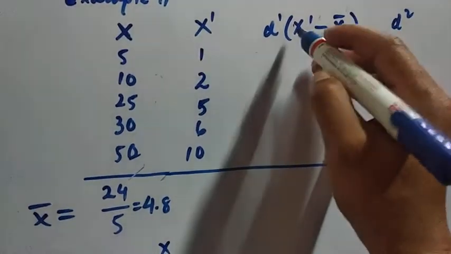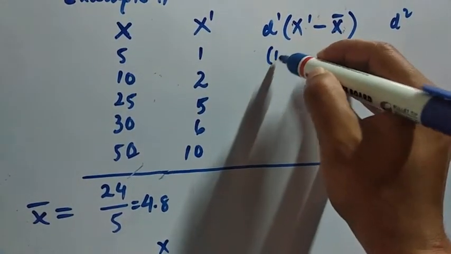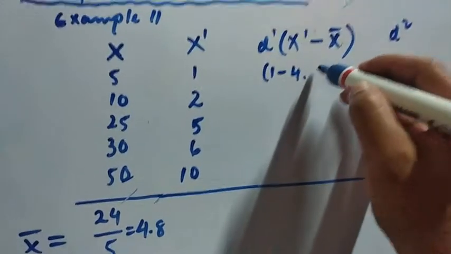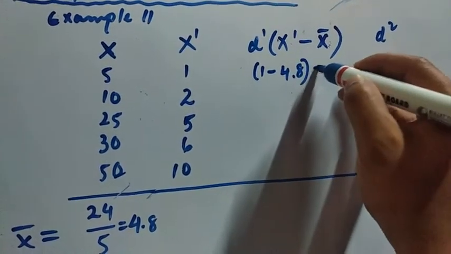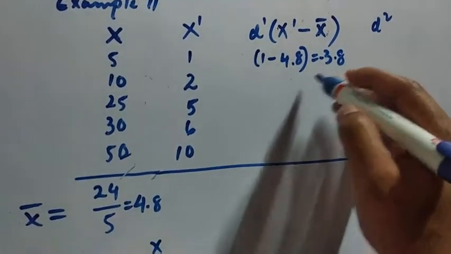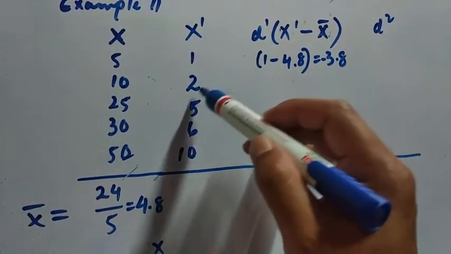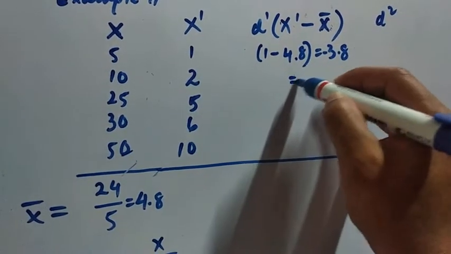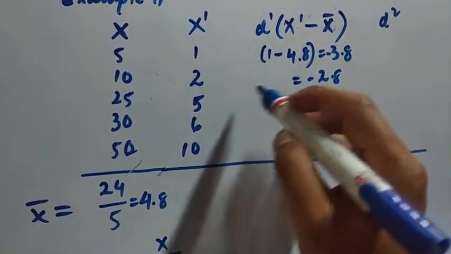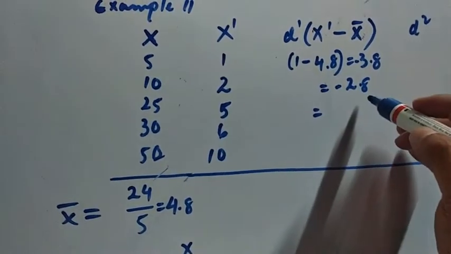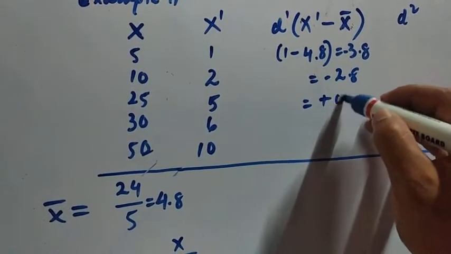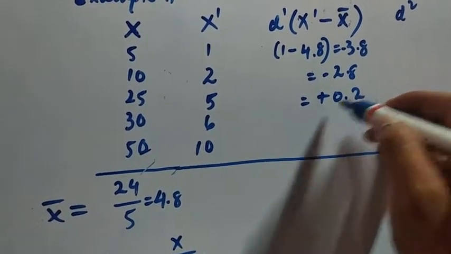So x dash here is 1 minus x bar, which is 4.8, which is equal to minus 3.8. And then 2 minus 4.8 will be minus 2.8. And then 5 minus 4.8 would be plus 0.2.